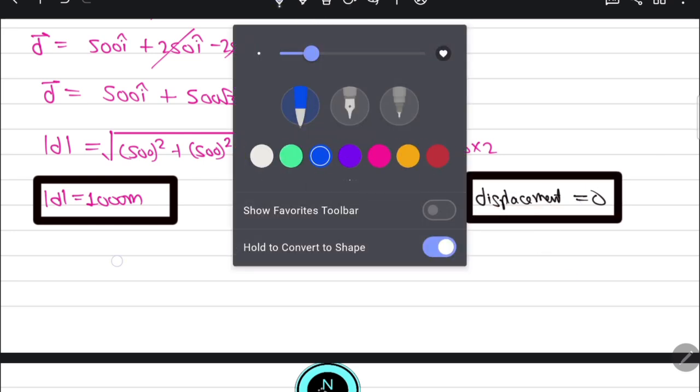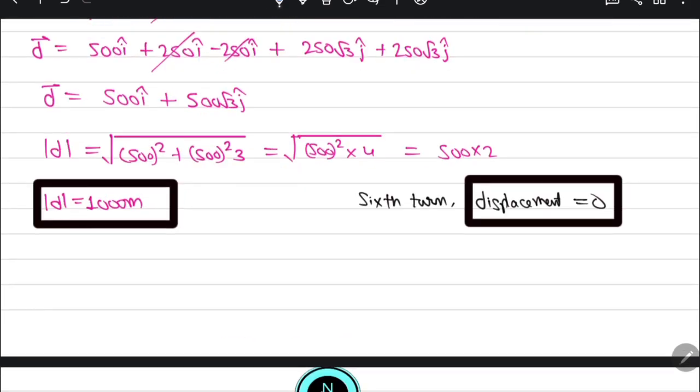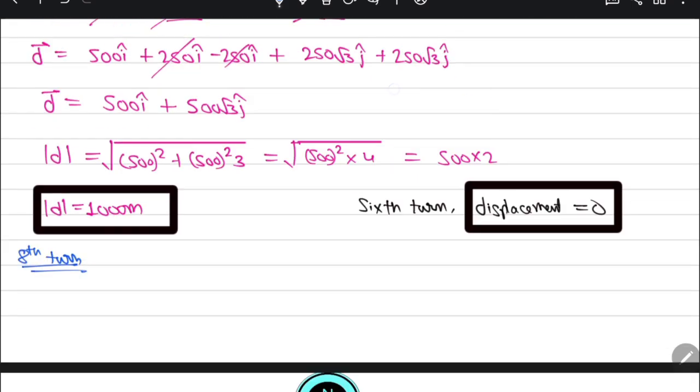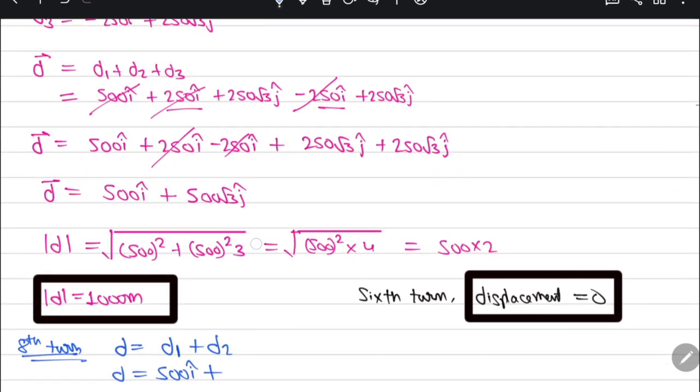And what about the eighth turn? What they're asking is the eighth turn. Okay, we can also find it for the eighth turn. Just wait. By the sixth turn, they return to the same position. Then seventh turn, eighth turn. Now we have to find this displacement, right? We can find it directly as D1 plus D2. D1 you have found already, that is 500 i cap, plus D2.